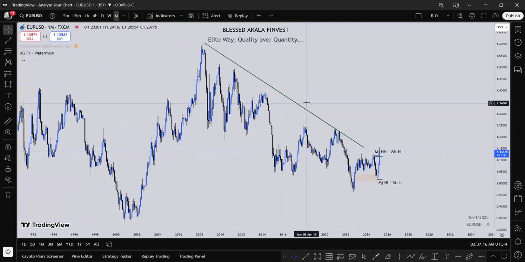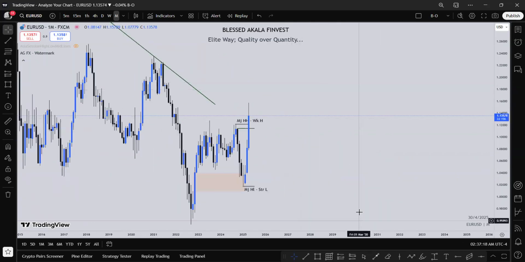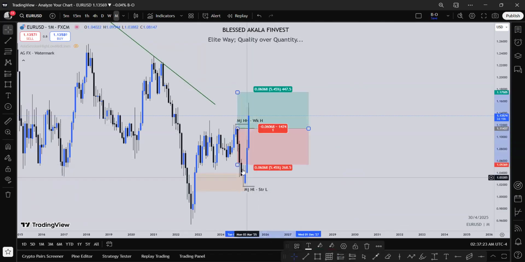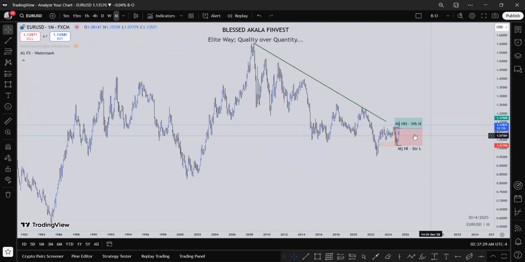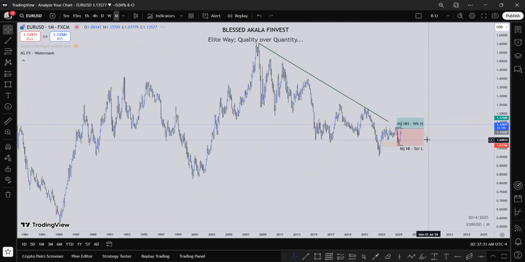So if you're a position trader, you can position yourself for this trade. That's almost 1,000 pips. And personally, I can take that position also.